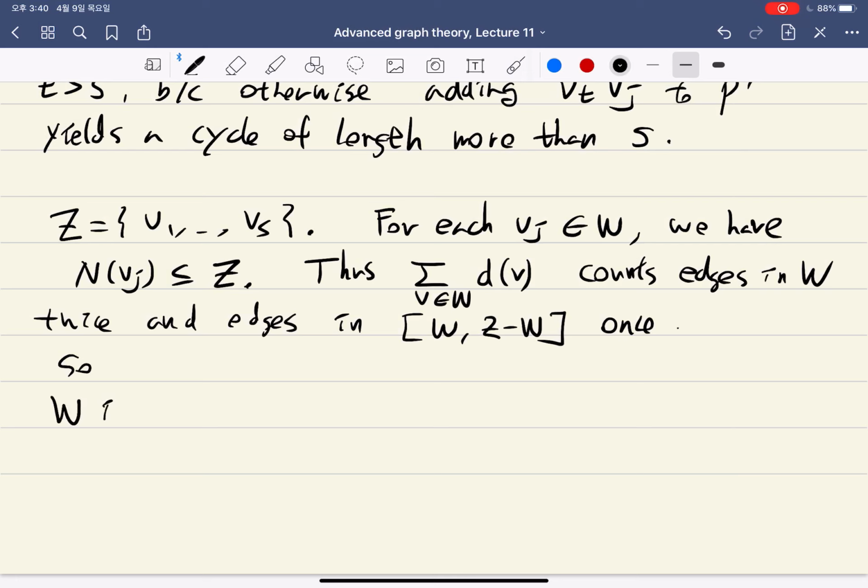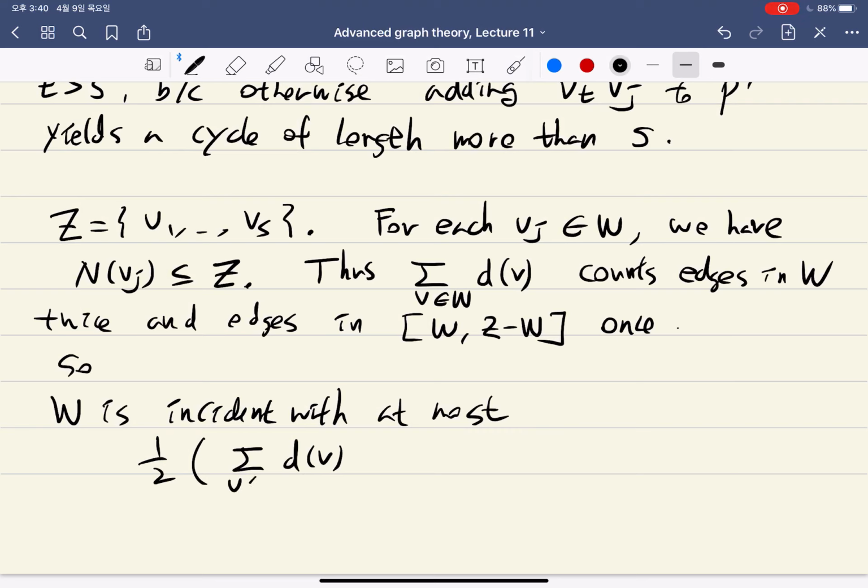So W is incident with at most half times the summation of degrees plus the number of edges between W and G minus W. This many edges.